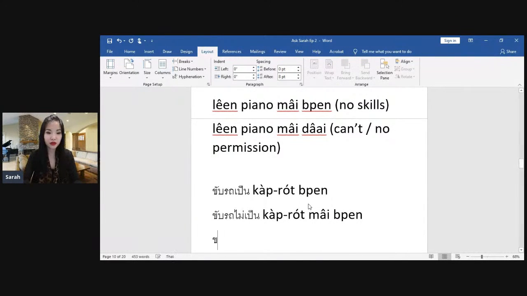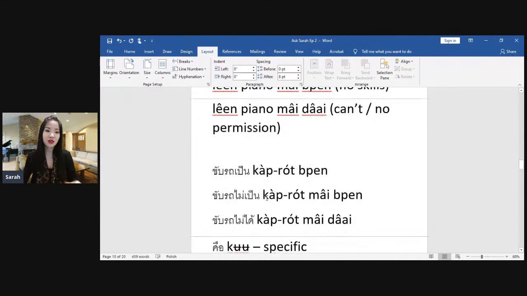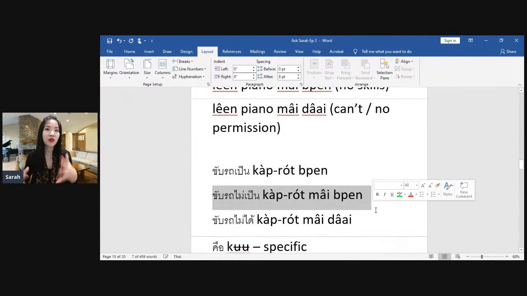Okay, that makes sense. ขับรถได้ไหม, can you drive the car? Can you drive it, as in do you have the skills to do it, and do you have a car to do it? It can mean both, right? But if I want to say I don't know how to drive, I usually just say ขับรถไม่เป็น, to avoid confusion.